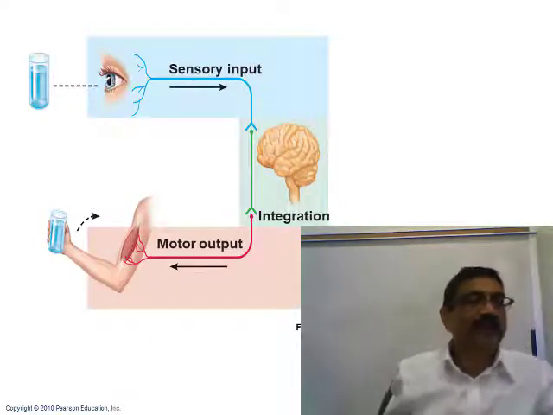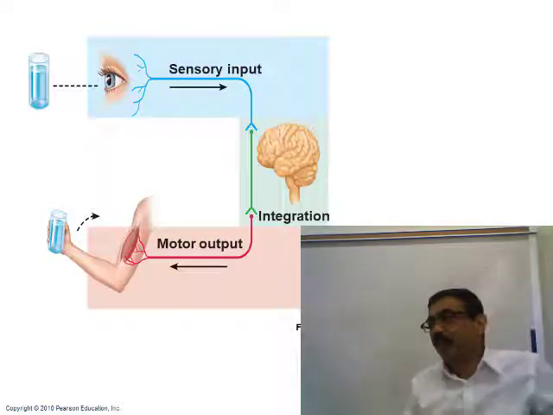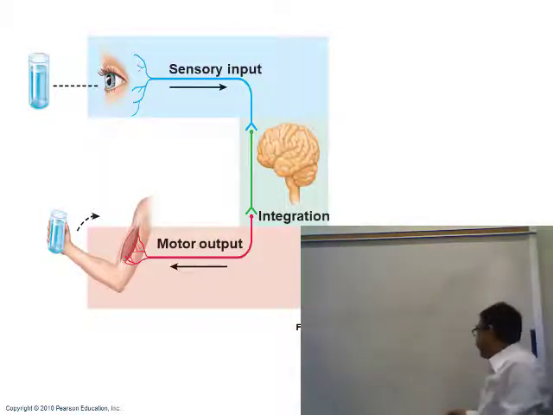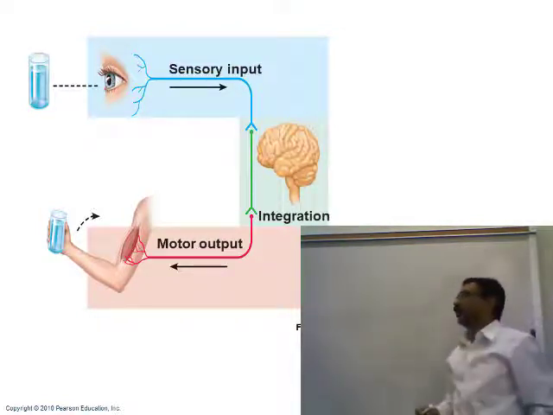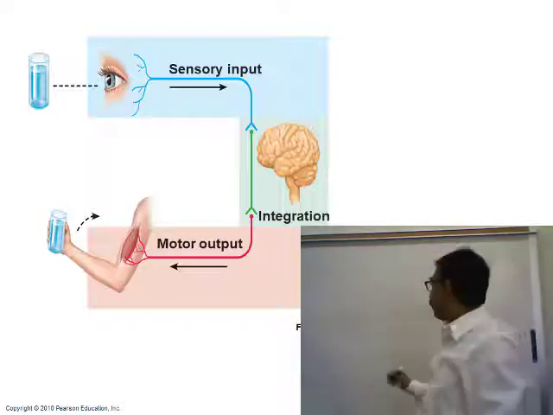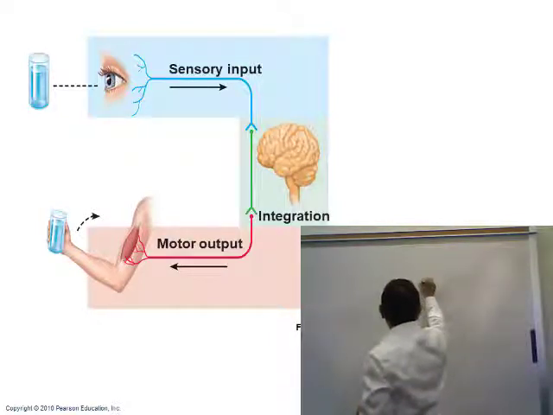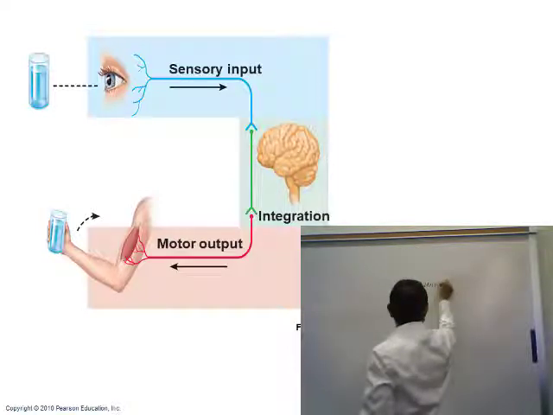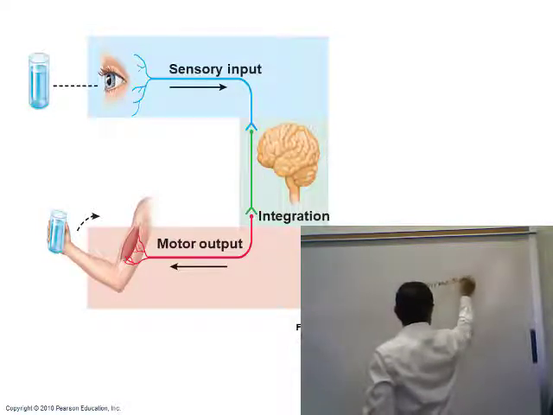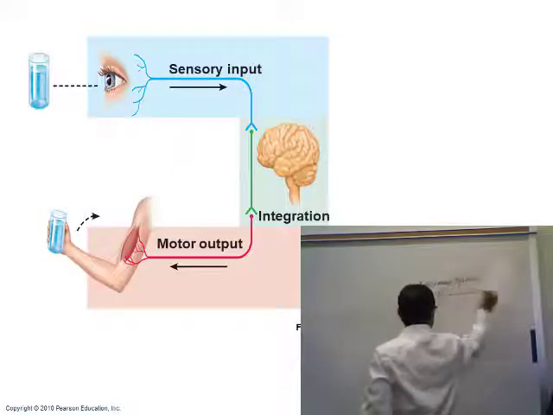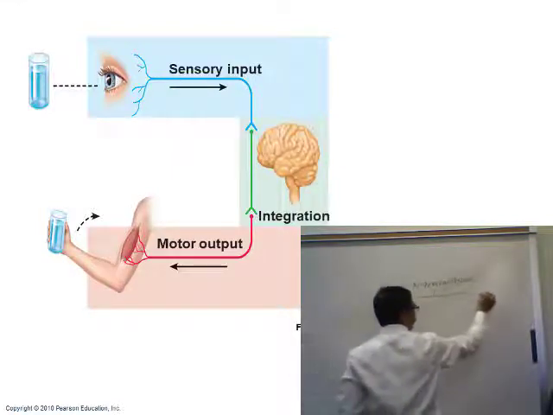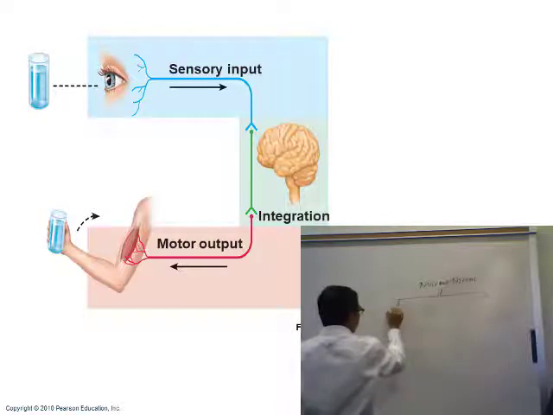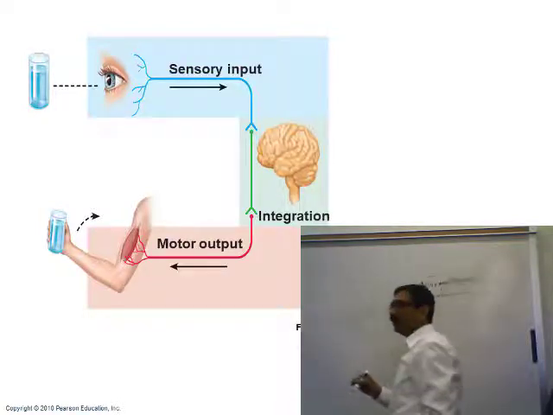Now the division of the nervous system. We divide the entire nervous system into two parts. So the nervous system is first divided into two divisions or two branches: central nervous system or CNS and peripheral nervous system or PNS.